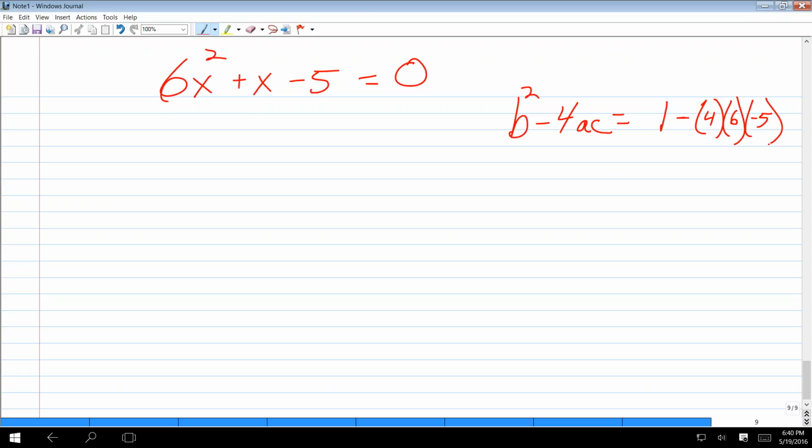So, is the discriminant positive or negative? How would you find out if it's positive or negative? Well, you got the number 1 minus a negative number. And the secret here is always do those 3 first. Okay? Just make it a habit. Because c is frequently negative.